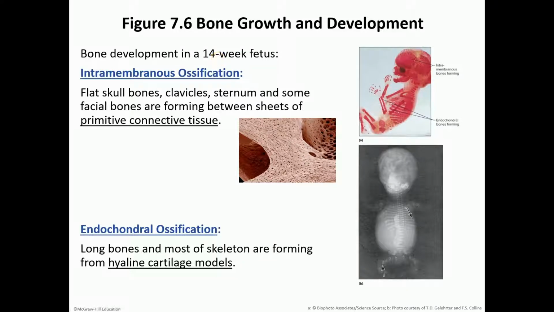Again, bones can either start off as a membrane, and that membrane will ossify. So ossify means to change into a bone. It will ossify in a process known as intramembranous ossification and end up making a flat bone. So those could end up being a skull, clavicles, ribs, sternum, scapula, pelvic bones. All of those are examples of flat bones.